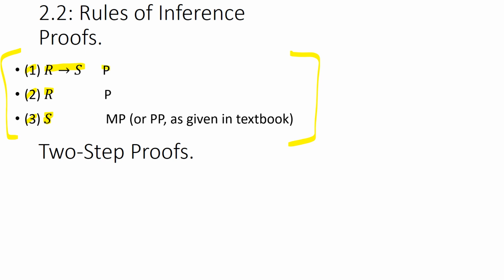For example, sentence 1 is P, sentence 2 is P. P stands for premise. And a premise is simply a given sentence. We take it for granted. Sentence 3 happens to be MP. Its justification is that we derived that sentence with sentence 1, sentence 2. MP stands for modus ponens.